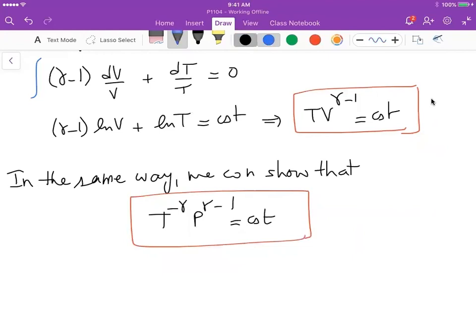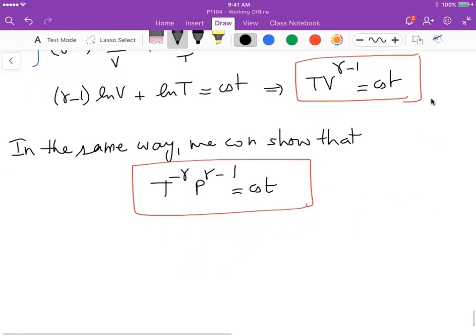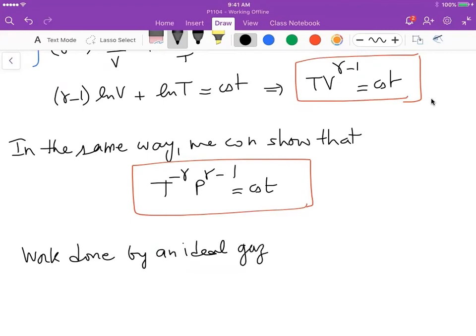Now, one more subsection which is important: the work done. We are going to derive together the work done by an ideal gas during an adiabatic process.